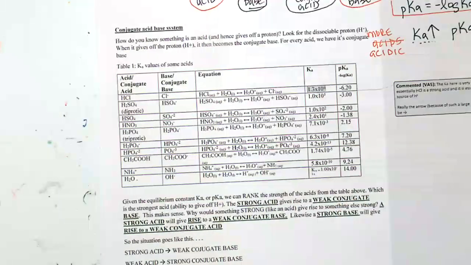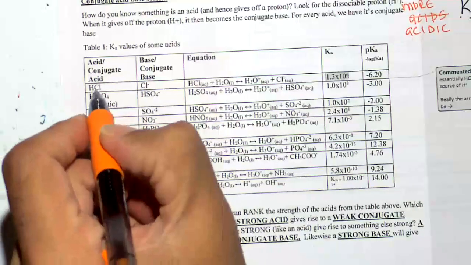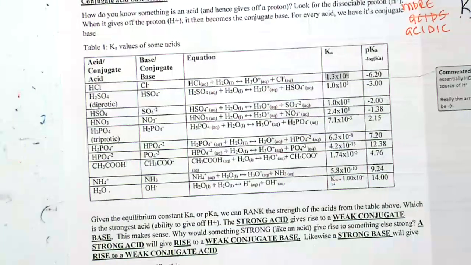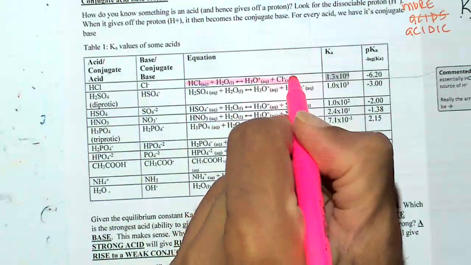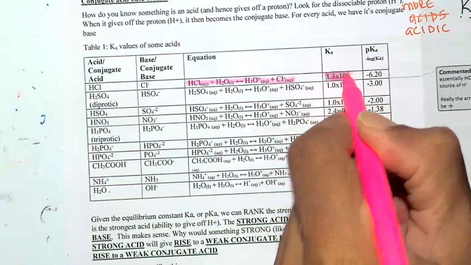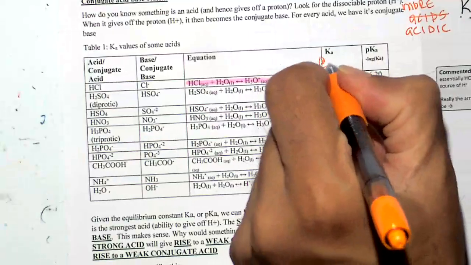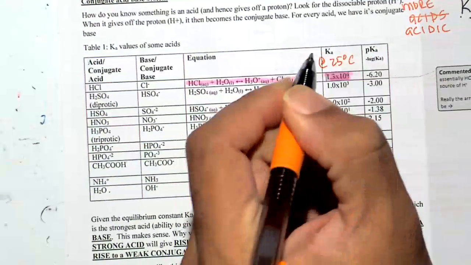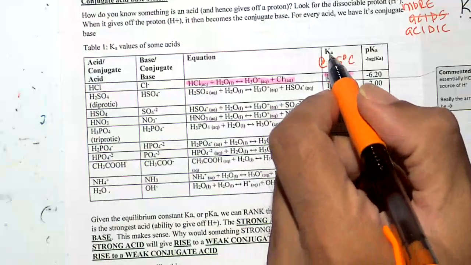All right, so check out some of these acids here. We have HCl, and this is the equation for Ka, and look at that value. Usually the Kas are at a very specific temperature, so I think I got these at 25 degrees C. But look at that, 1.3 times 10 to the 6th.